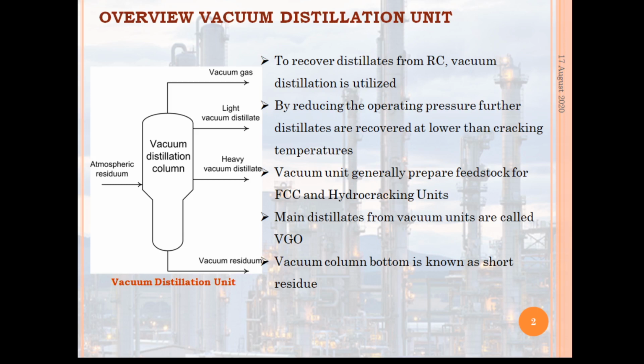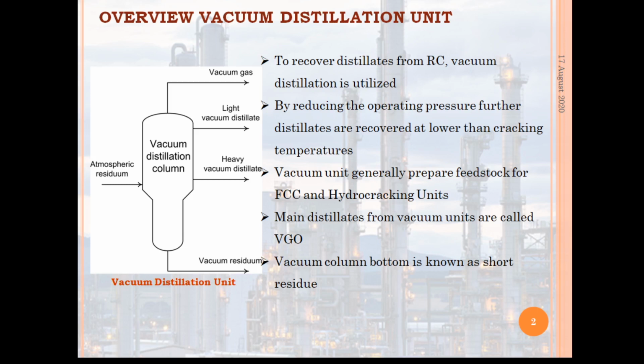Here is a schematic of a vacuum distillation tower where atmospheric residue from the atmospheric distillation is fed to the vacuum distillation column, from where the vacuum gas, light vacuum distillate, heavy vacuum distillate, and the vacuum residue are coming out.